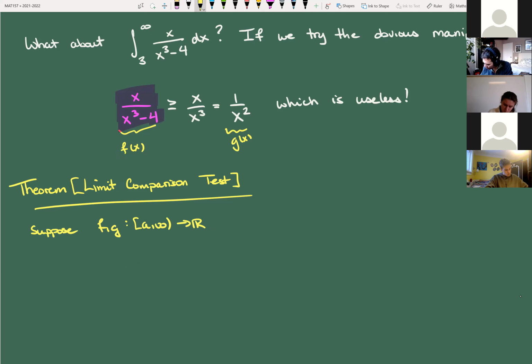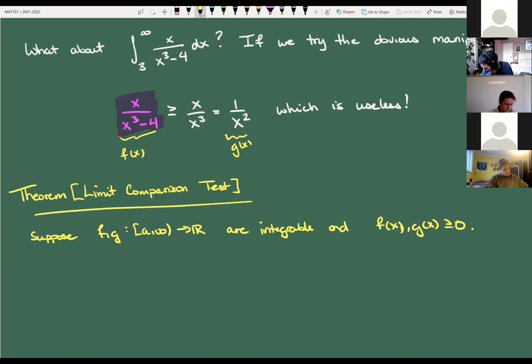Functions from a to infinity to R are integrable, and f and g are both non-negative. We don't need any condition here, and this is automatically where we're winning. We don't have any sort of inequality relationship between f and g. We just need that they're both non-negative for now.